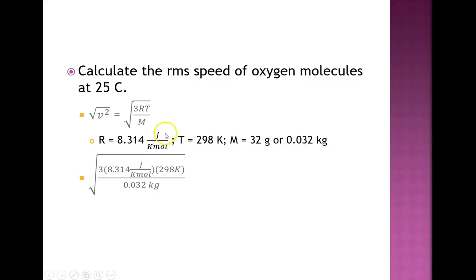Now when I plug these values into the equation, I have 3 times 8.314 joules per Kelvin mole times the temperature, 298 K, divided by 0.032 kilograms. So the kelvins will cancel, and the joules, kilograms and kilograms here will cancel.